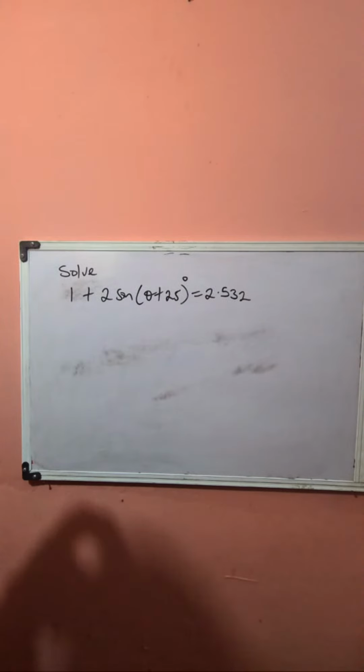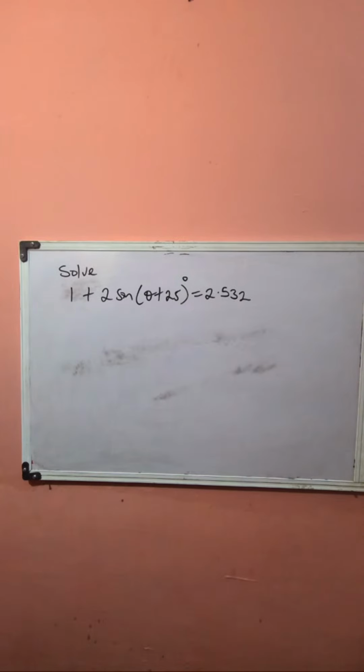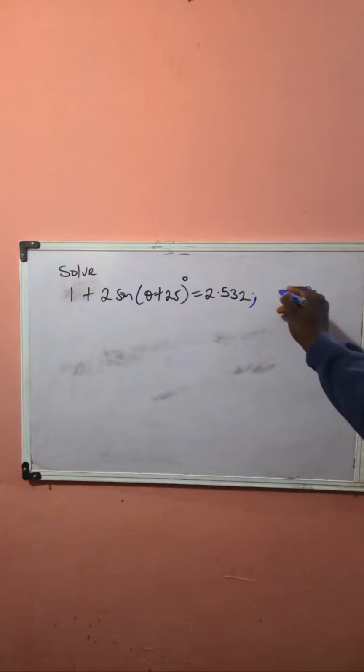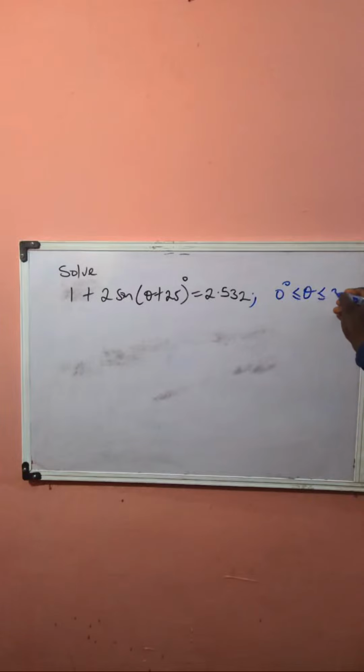And you were told that the value of theta is ranging from 0 to 360, so theta ranging from 0 degree to 360 degree.